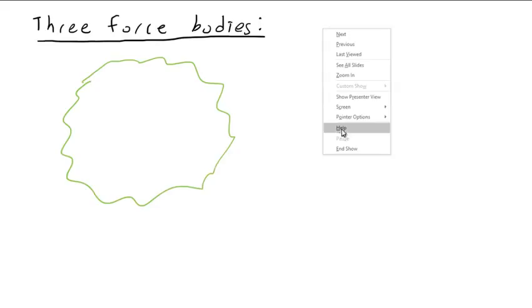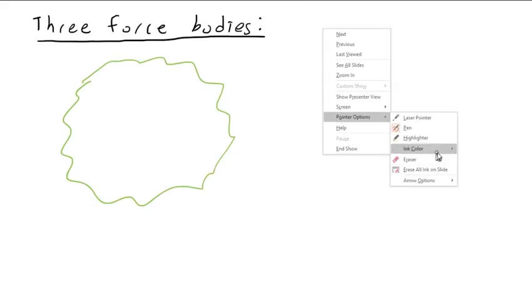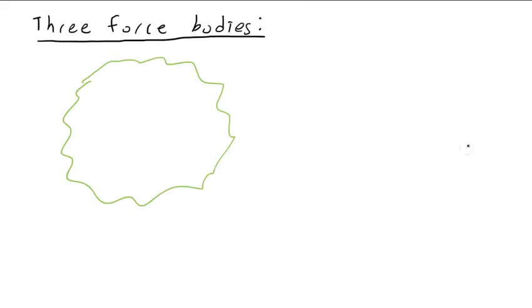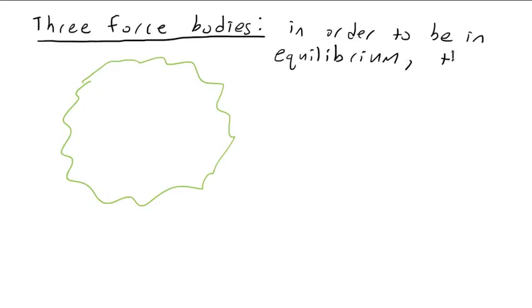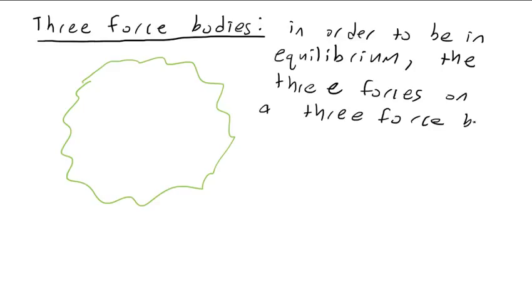I think I want to spend more time just working on examples today, but briefly I'll mention that in order to be in equilibrium, the three forces on a three-force body must all have intersecting lines of action.